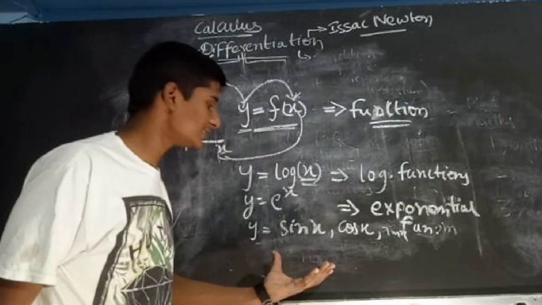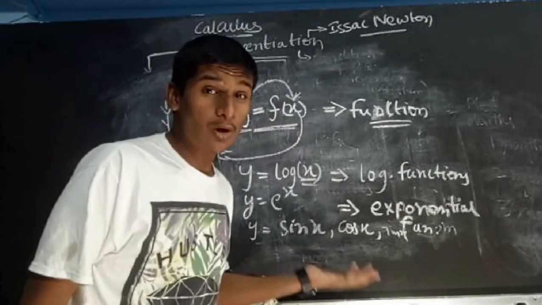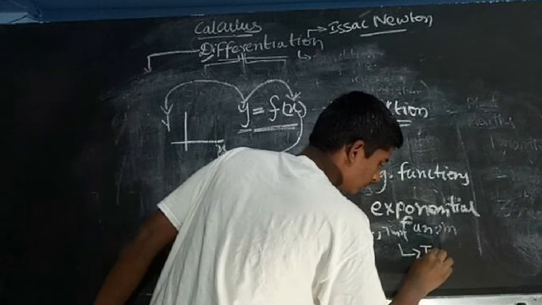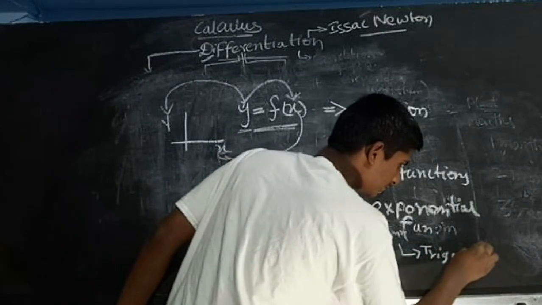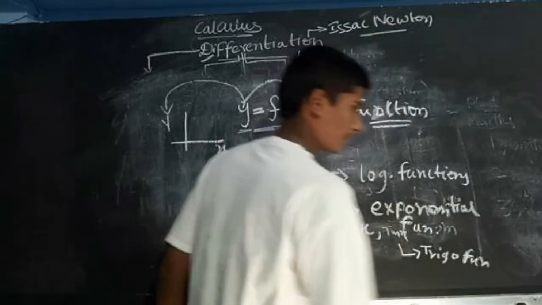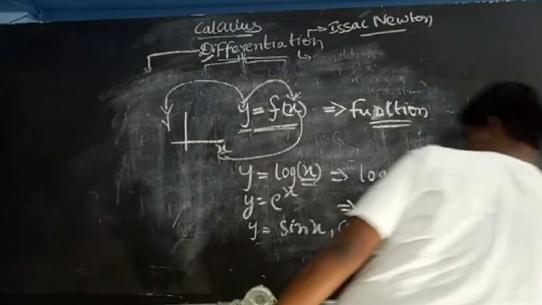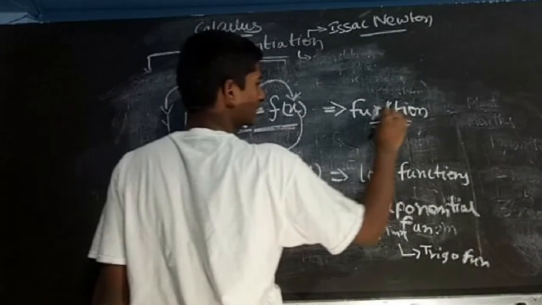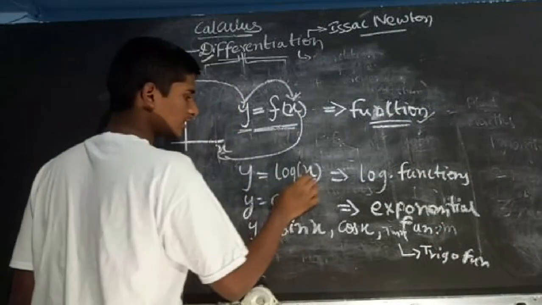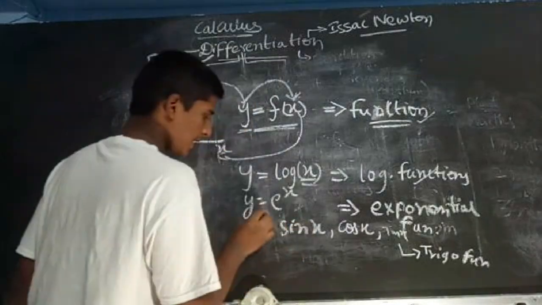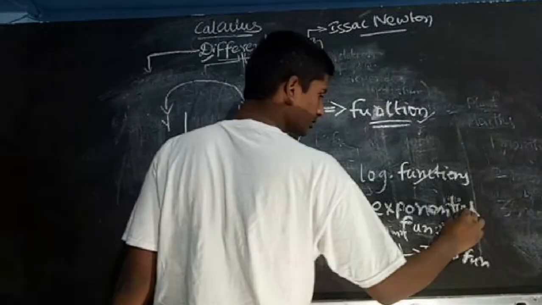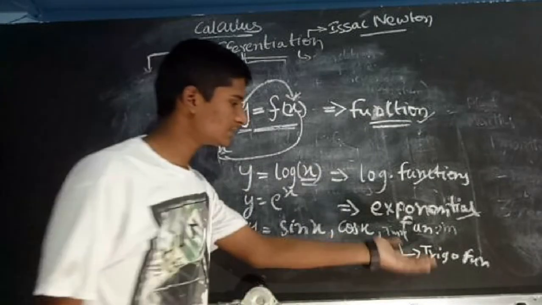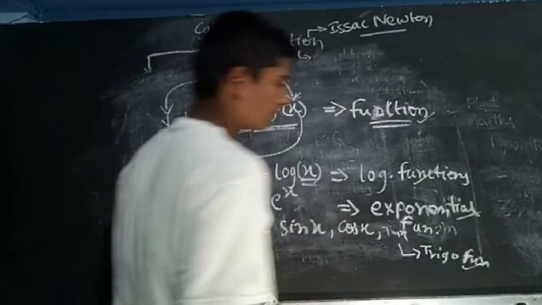These functions are called trigonometric functions. This function is called a normal function. This function is called a log function. This y is equal to e to the power of x is called an exponential function. And y is equal to sin x, cos x, tan x is called a trigonometric function.